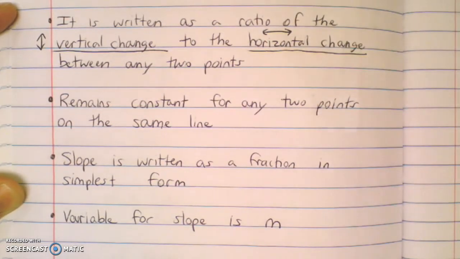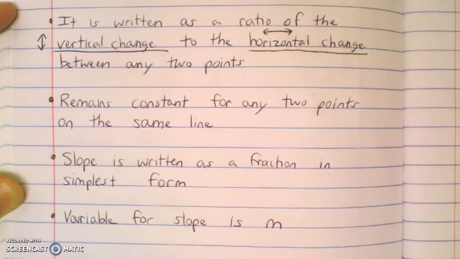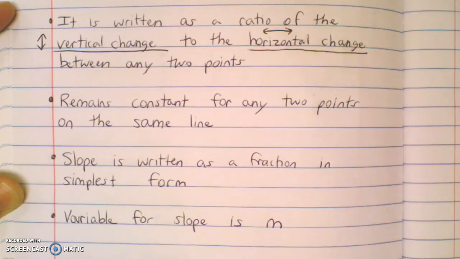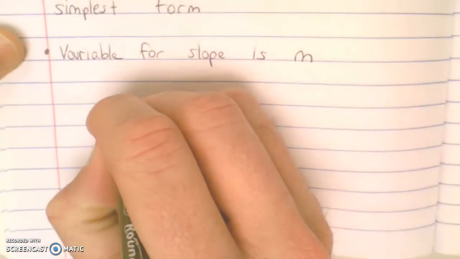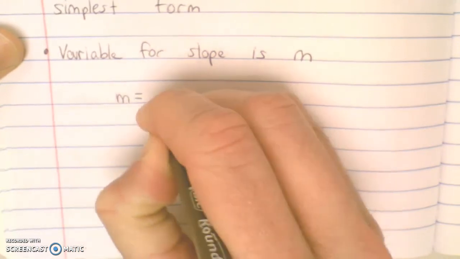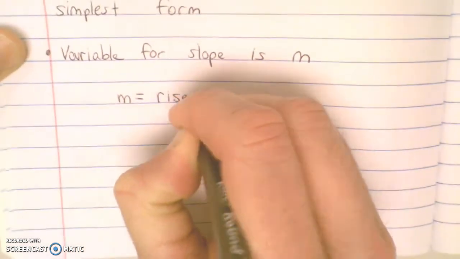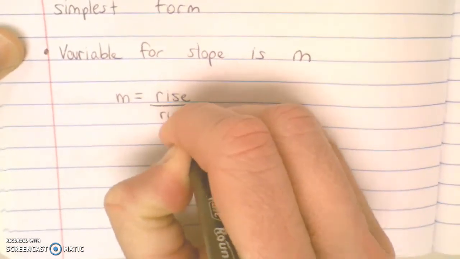So when we're talking about slope, we use the letter m to represent slope. So the formula you'll see quite often for slope is m equals rise over run.